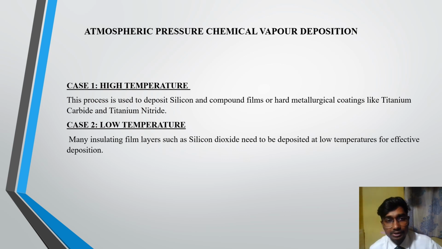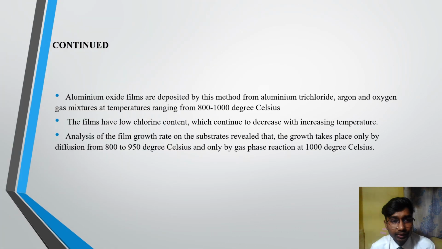And the next point, let's continue. Aluminum oxide films are deposited by this method from an aluminum tetrachloride, argon, oxygen gas mixture at temperatures ranging from 800 to 1000 degrees Celsius. The films have lower chloride content, which continues to decrease with the increase in temperature.